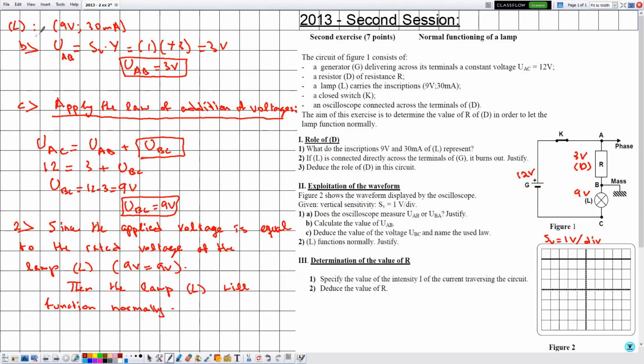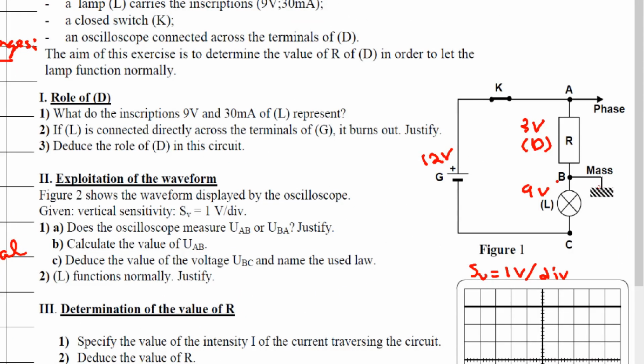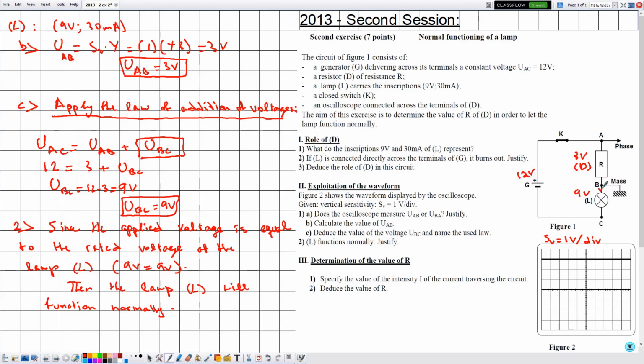Now, because the lamp L carries two indications, 9 volts and 30 milliamps, not only is the applied voltage now 9 volts, but moreover the electric current traversing the lamp is given by 30 milliamps, because this is an indication of the lamp L. So this is the positive pole of the battery, this is the negative pole, then the electric current will be in this direction. So the electric current I traversing the lamp L is given by 30 milliamps.